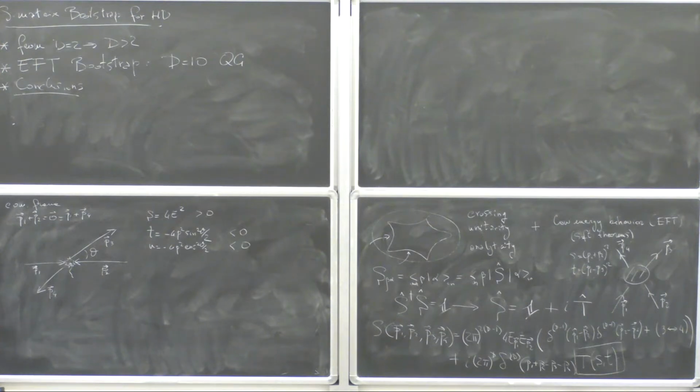When I say dimensions, I mean d-1 plus 1. So when I say two dimensions, I mean 1 plus 1. My picture is not a space-time picture. My picture is a space picture. So these are three momenta. The 2-to-2 scattering is planar.